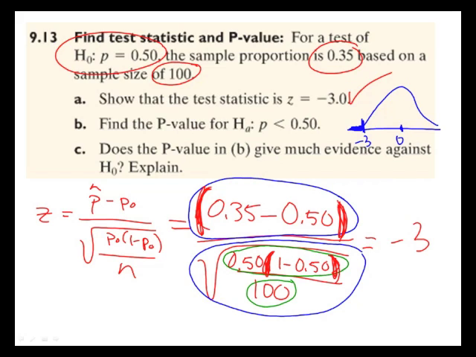So, normal CDF. -1.99, -3. And what will you get? Uh-oh.